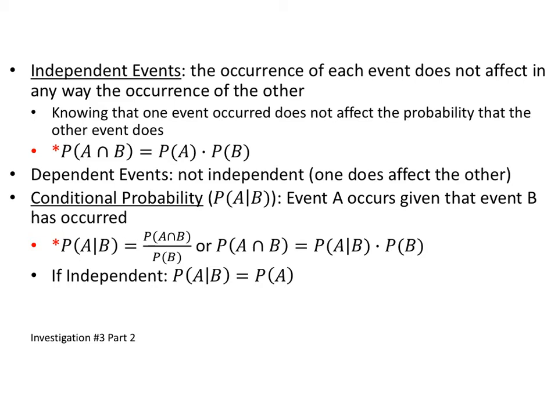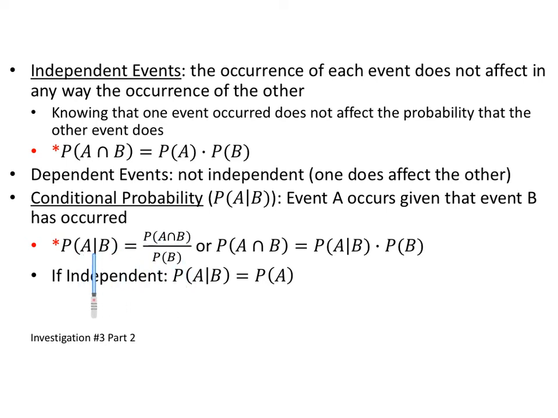Conditional probability, which again we represent with this bar in between, probability of A given B. So that's the probability that event A occurs knowing that event B has already occurred. And the way that we calculate that is it's the probability of the intersection divided by the probability of whatever your given is.